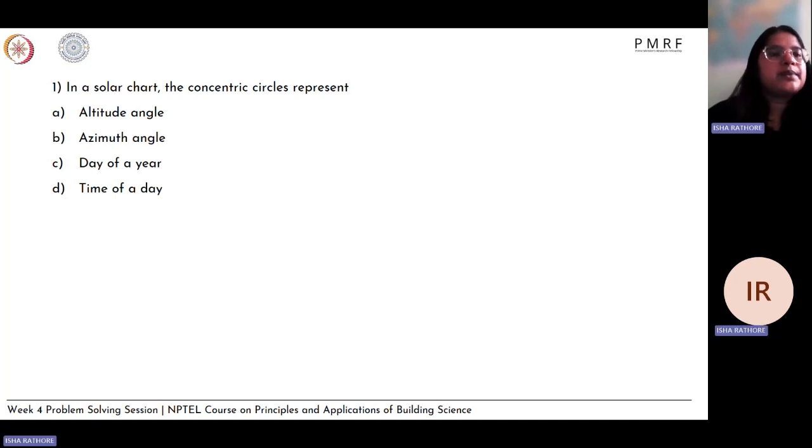Okay, so we have looked up in week 3 and also in week 2 the solar chart, the stereographic projection of the solar chart, which is basically the 3D movement of the sun at a particular location represented in a 2D form. So it's a circular stereographic projection.